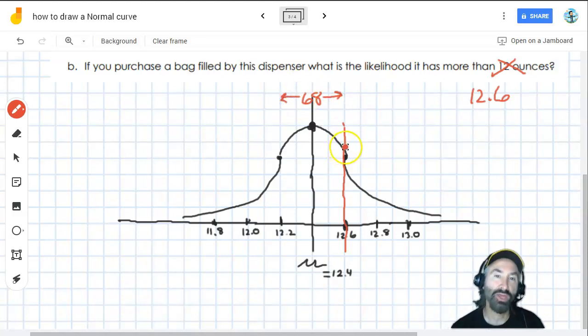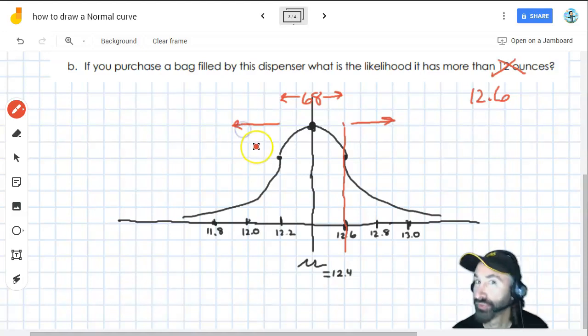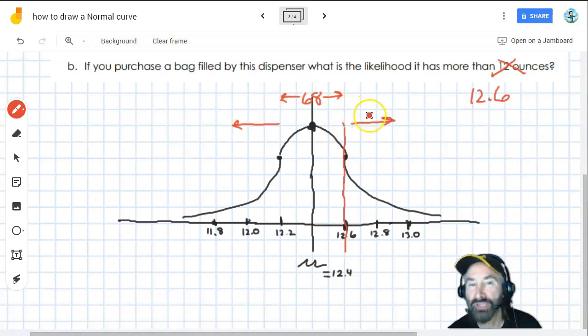And if we looked at all the data that goes to the right and to the left outside of that middle 68%, it must add up to 32%. And if it must add up to 32%, then half of 32 must be here and half of 32 must be there. So we're going to say that this part must be 16%.